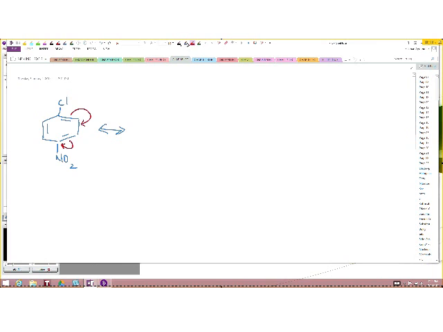And what do we have? And at this point, the nucleophile, whatever the nucleophile is, just comes in and attacks the carbocation.